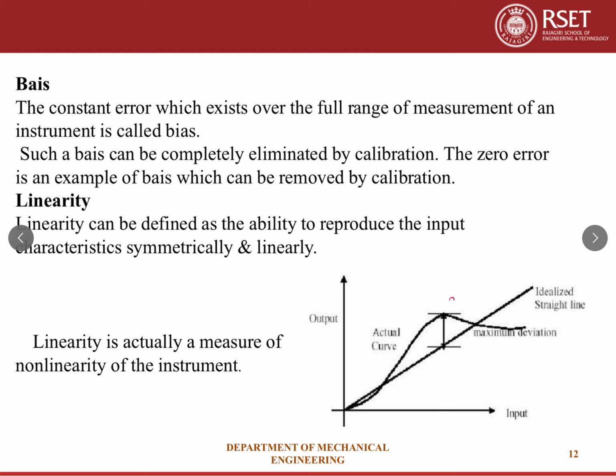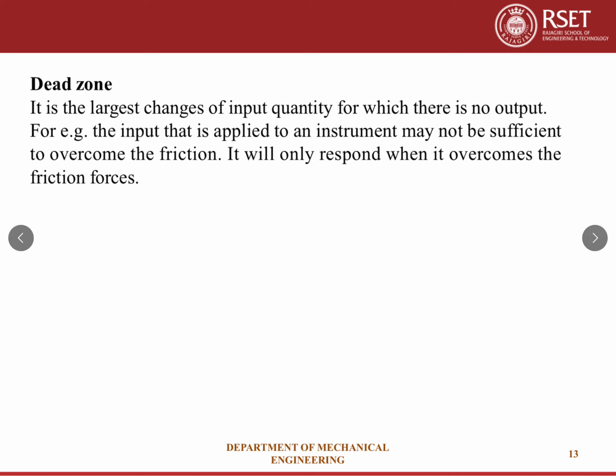So if this is XA and this is XB, XA minus XB will give the non-linearity, the maximum deviation from the linear behavior of the instrument. This gap is the maximum deviation from the linear behavior, that is non-linearity.